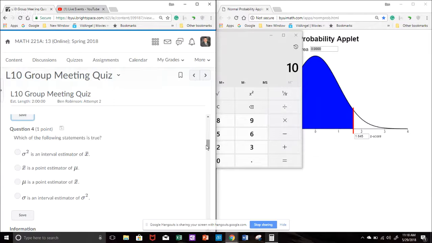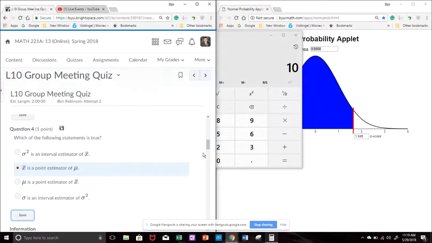Standard deviation is an interval estimator of standard deviation squared. The second one, the sample mean is a point estimator of mu. Do you agree? Okay.